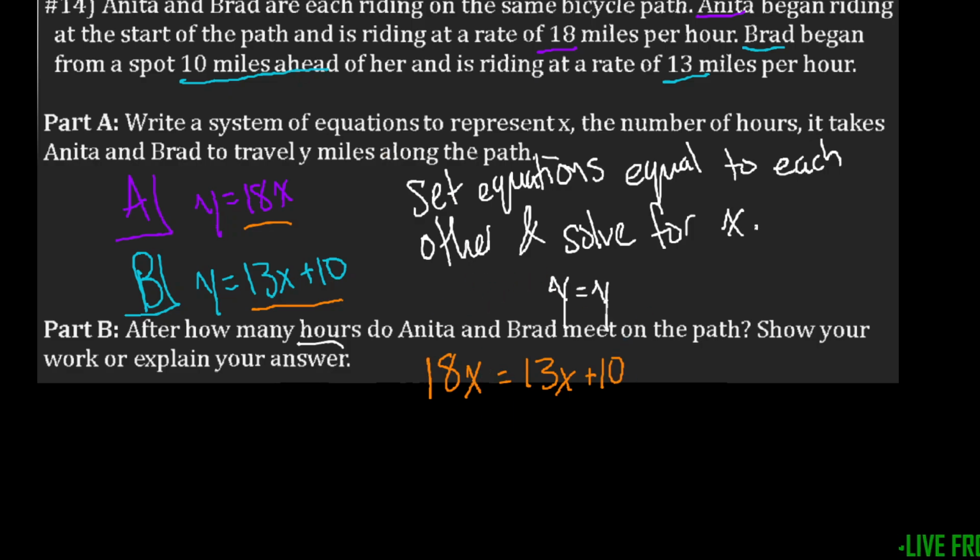Since I have variables on both sides, I'm going to subtract one variable term from both sides. So I'm going to subtract 13x from both sides. So this is going to cancel out. The 10 comes down, and 18x minus 13x is going to be 5x.